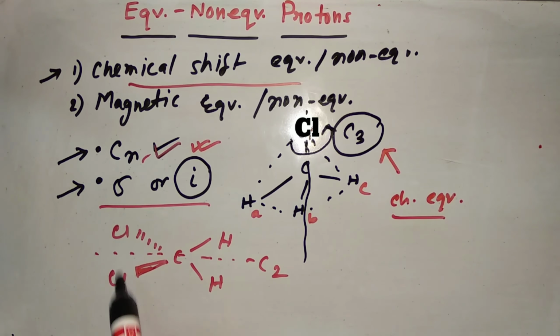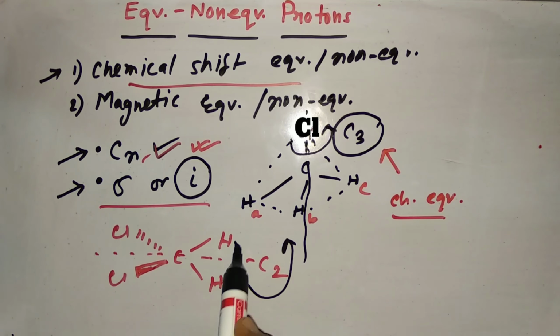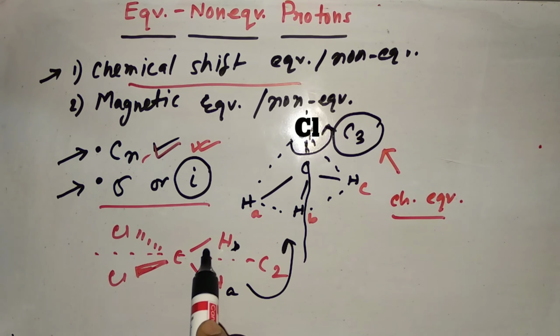If we apply a C2 rotation here, then we will get the same structure. Here we just consider the hydrogen atoms, not the chlorine. Suppose we represent them as HA and HB; after C2 rotation, HB will be right here and HA will go right there.